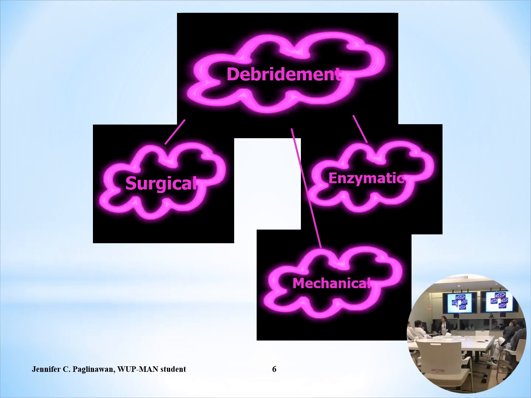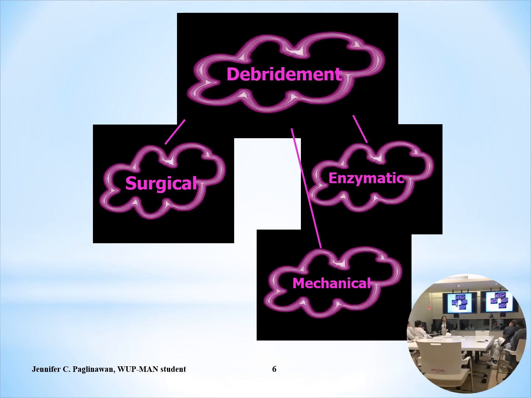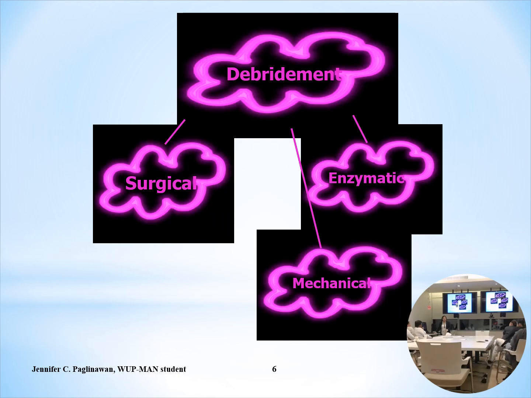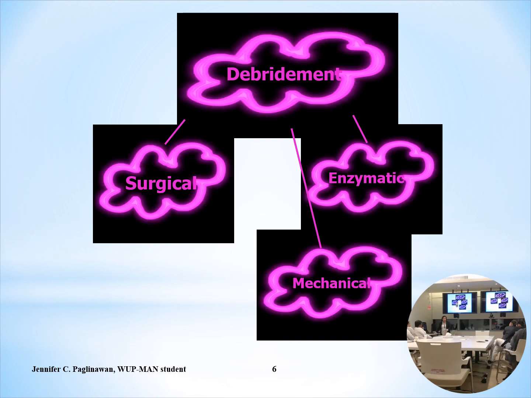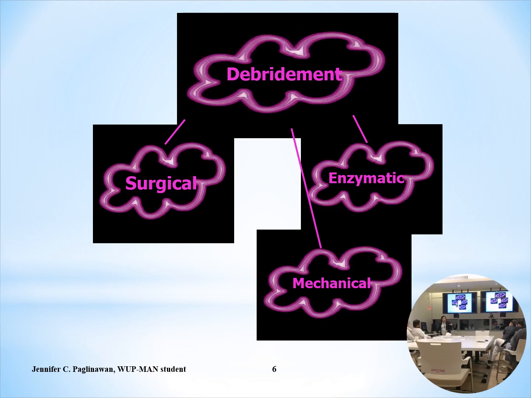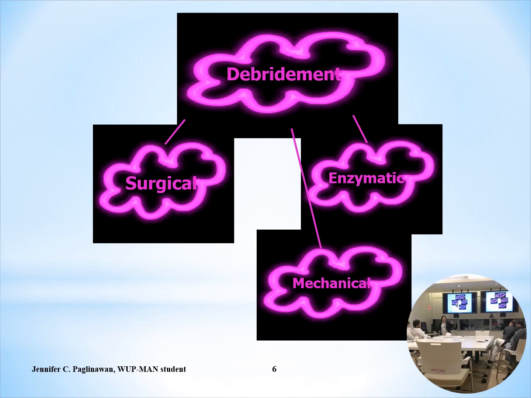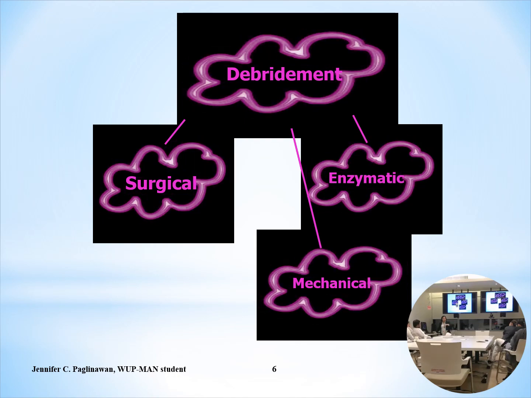Next is the mechanical. This is the efficient and the fastest kind of debridement, in which the medical staff will just put in irrigation. It uses wet and dry dressing, and then you put a wet gauze and just apply it on top of the wound, and then you remove the dressing.